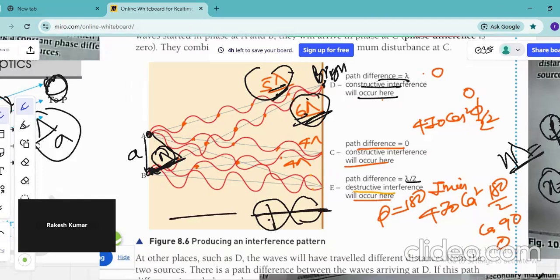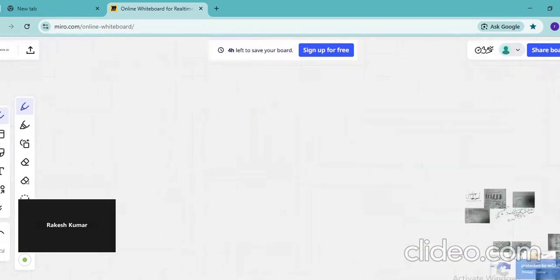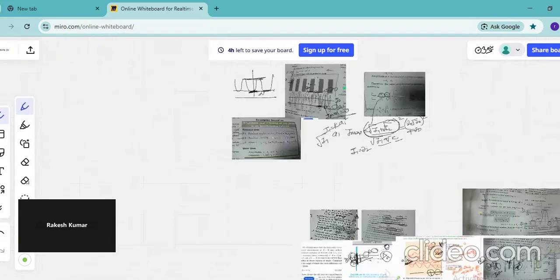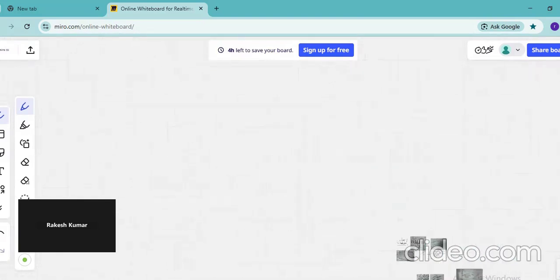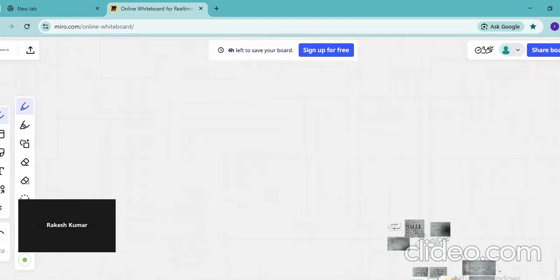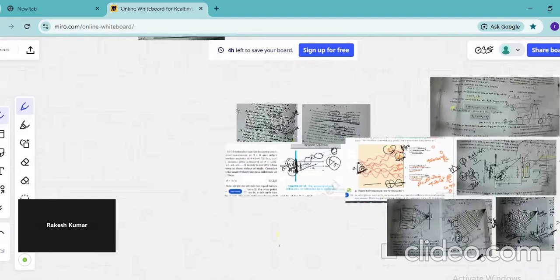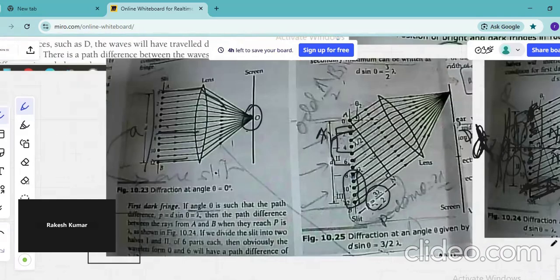But in the diffraction pattern it is slightly different. If it's 3 lambda by 2, so we have odd multiples of lambda by 2, we get brightness because one lambda by 2 is left, the others cancel out each other.